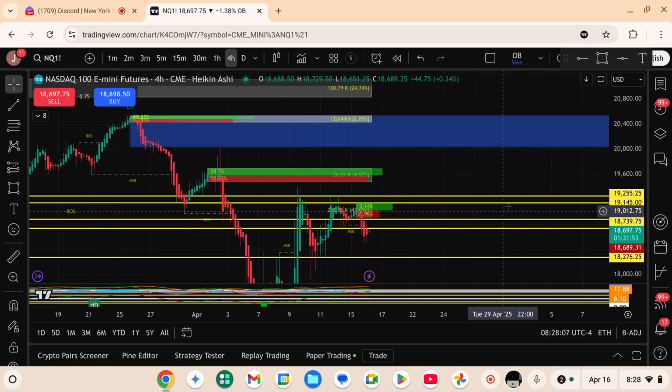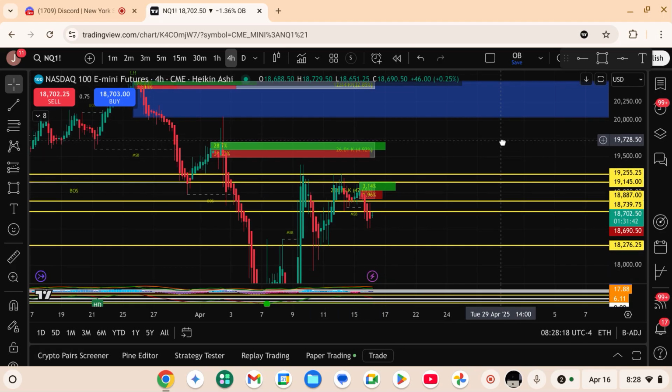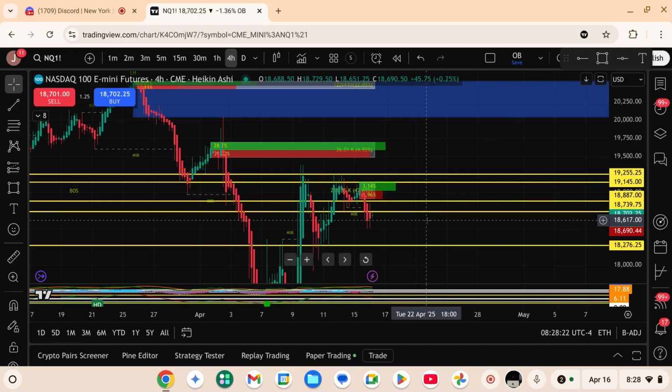Okay, so let's see. We got this 4-hour market structure break right here, but it looks like price already tapped back into it with this wick.